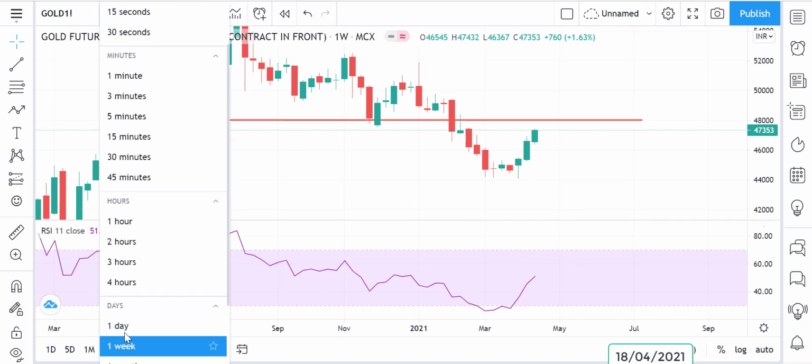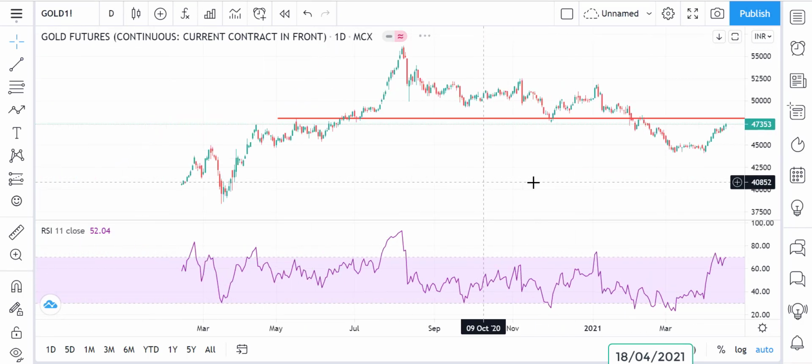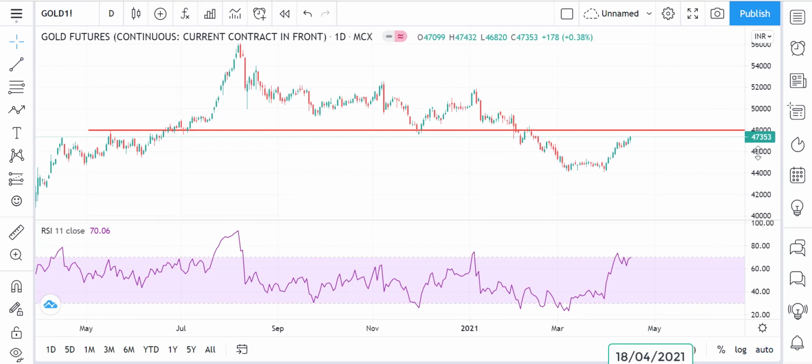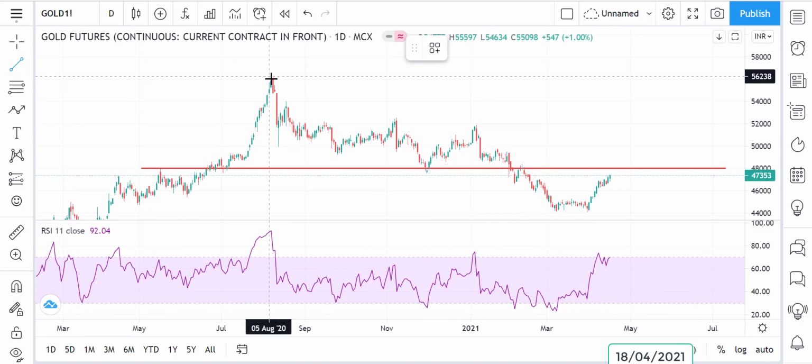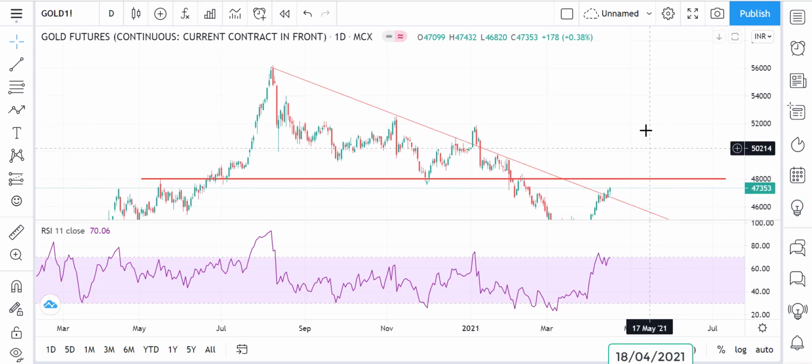So let's come to the daily time frame. On the daily time frame, a strong supply zone is out there at 480. So before 480 is cleared, be careful with your longs. This is a trend line on the daily time frame as well.